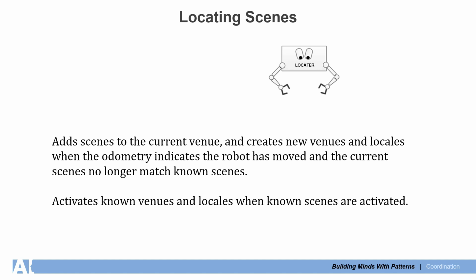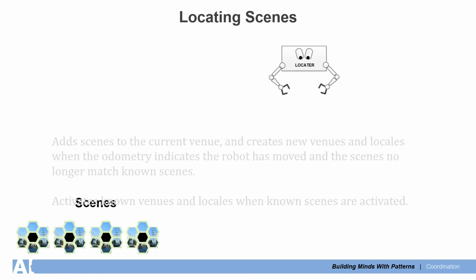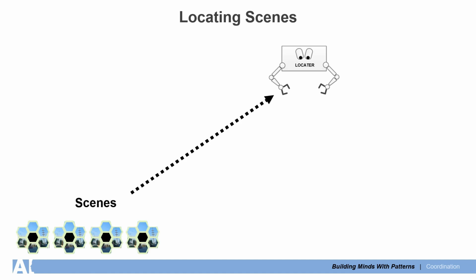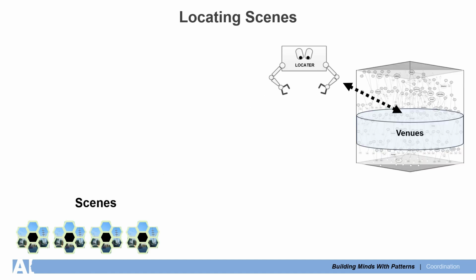The locator activates known venues and locales when known scenes are activated. The locator finds scenes in the venue and attaches the scene to the venue. Or if no venue exists, it will create a venue for the currently active scenes.